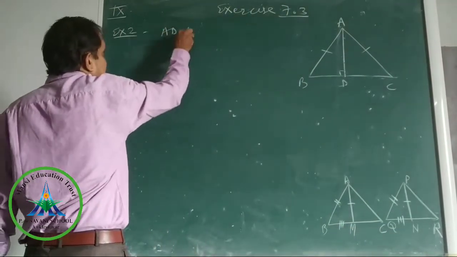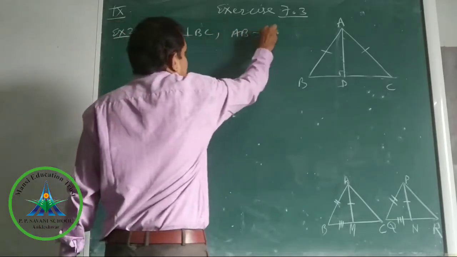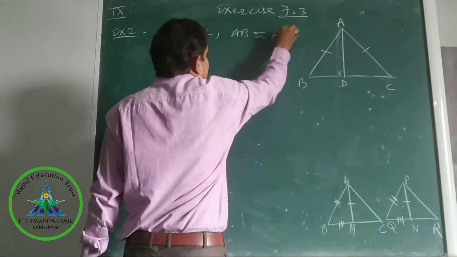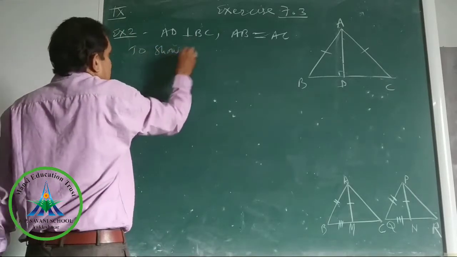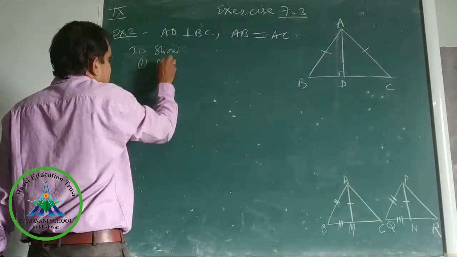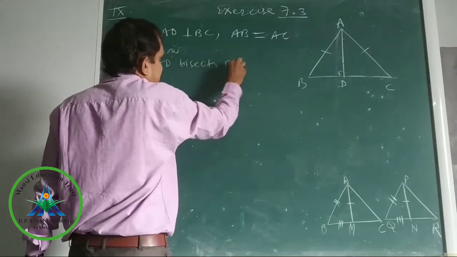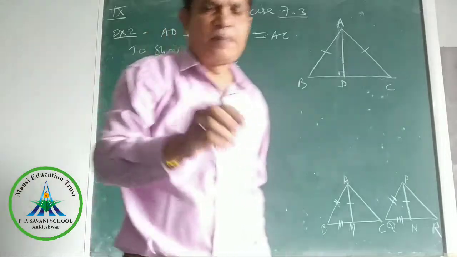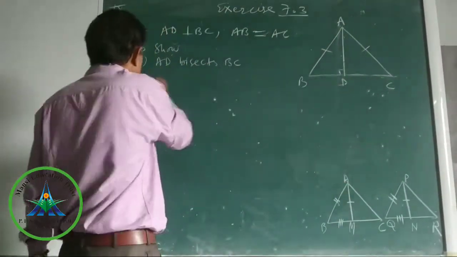First we write perpendicular, AB equal to AC. So number 1, AD bisects BC, and second part in the book it is AD bisects angle A.